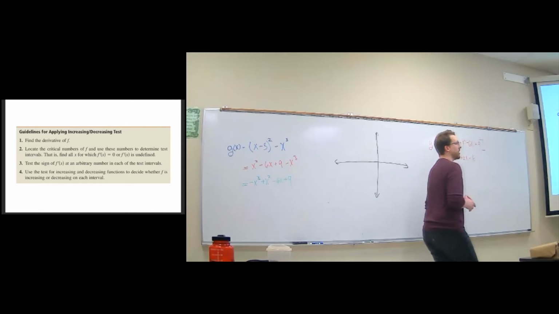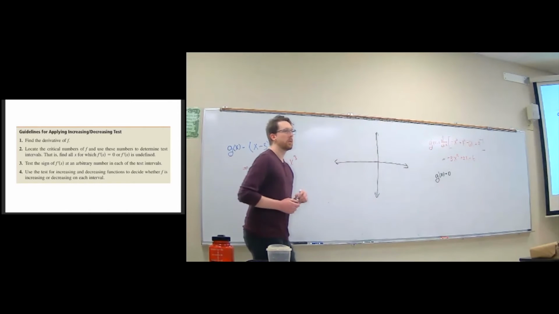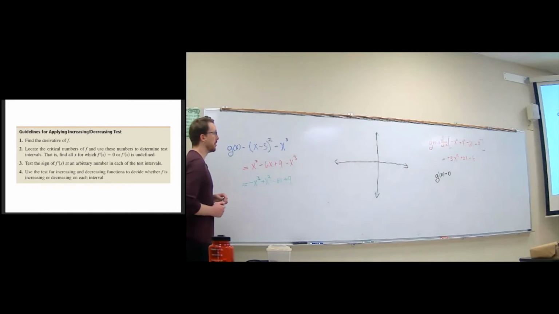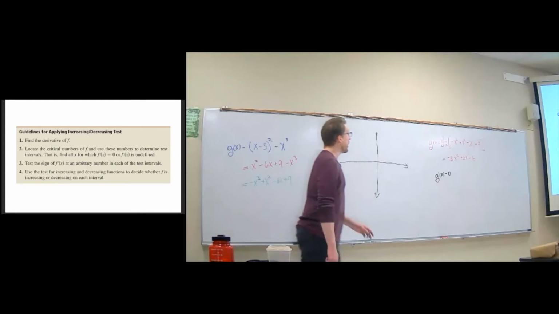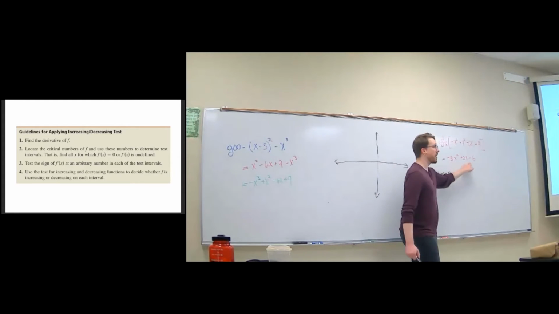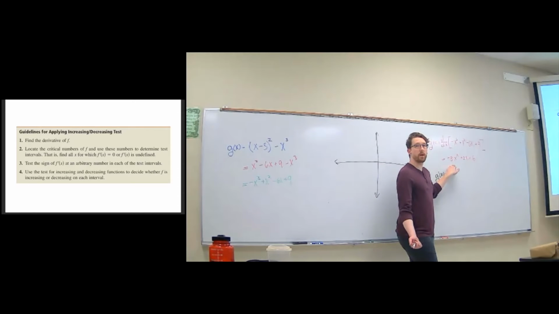Now, why do we want to set this equal to 0? First, let me ask, is this function defined everywhere? It's a polynomial, so yeah, right? That means we only need to start ourselves with critical numbers that are equal to 0.